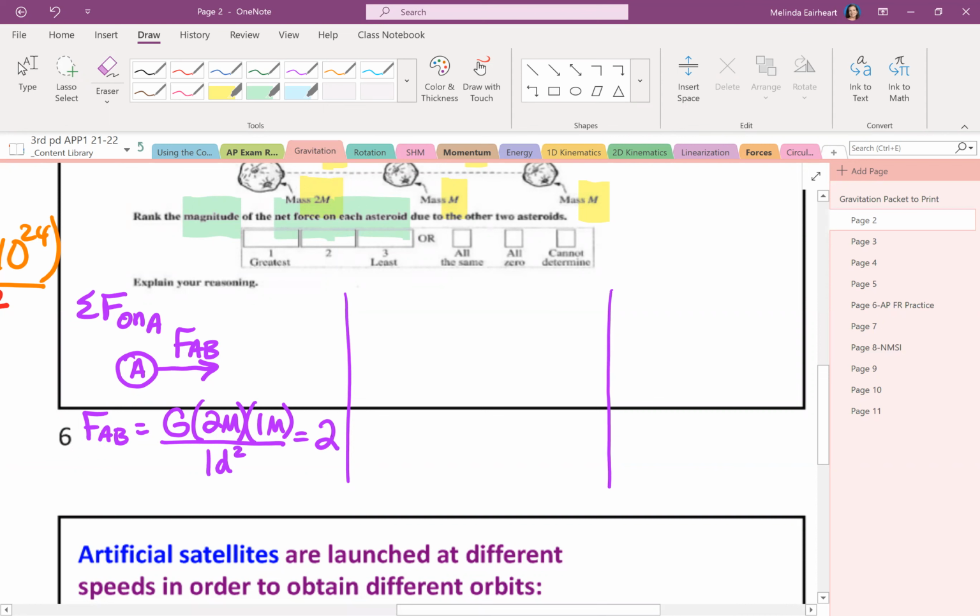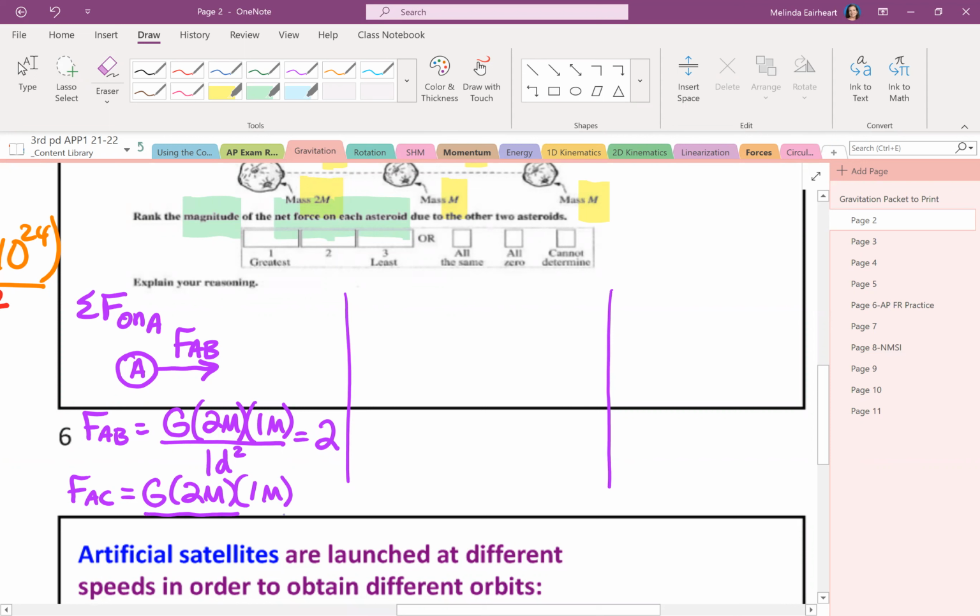Then what about the force on A by C? So kind of ignore B for a second. Well, again, it's an attractive force. So what direction will it be? Also to the right, but how big is it? Is it the same size? Let's do that loose calculation first. So we still have G, same. Double mass, because that's A. C is also 1M, so it's got identical numerator.